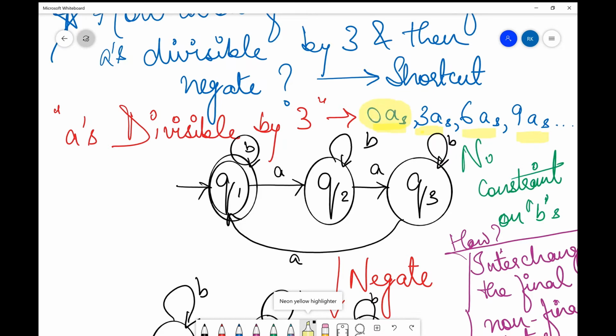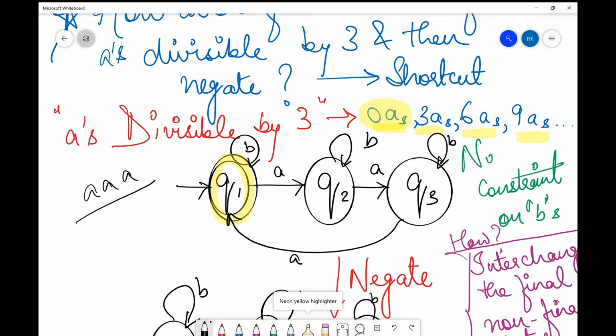Therefore, the initial state will be the final state. So I drew Q1 and made it the initial state as well as the final state, as you can see from the double circle. Then I need to get the next string, AAA, accepted, since the next smallest string which needs to get accepted is AAA.